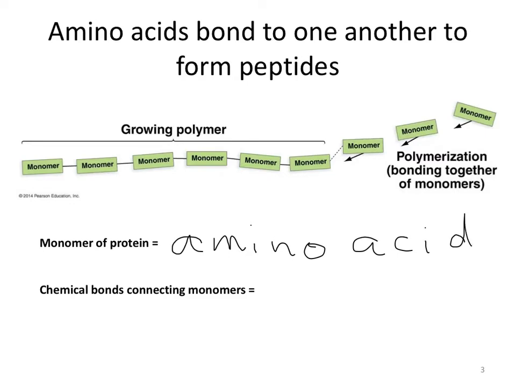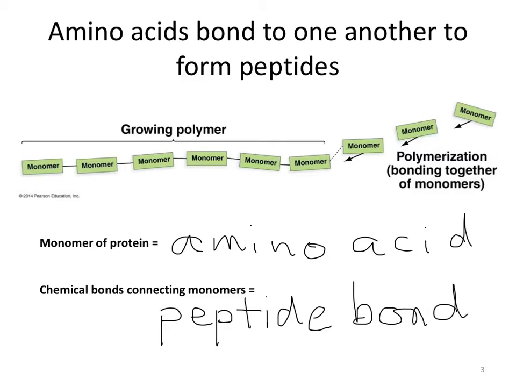The kind of chemical bonds that connect these monomers together are called peptide bonds. So peptide bonds are shown here, here, here, and so on. And the monomers are amino acids. Okay?